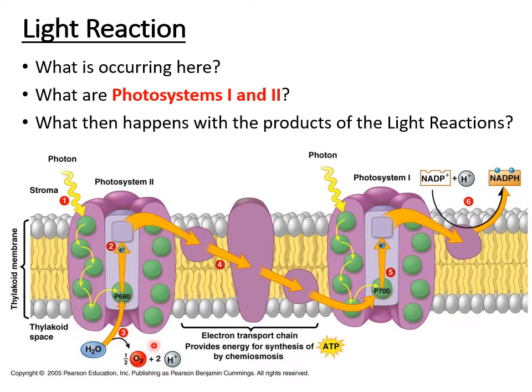So you see that over here. You see photosystem 2 and photosystem 1. I know it's confusing that the process starts at photosystem 2 and moves to photosystem 1, but they're named based on when they were discovered. They found photosystem 1 first. So in the light reaction, you see a couple things happening.